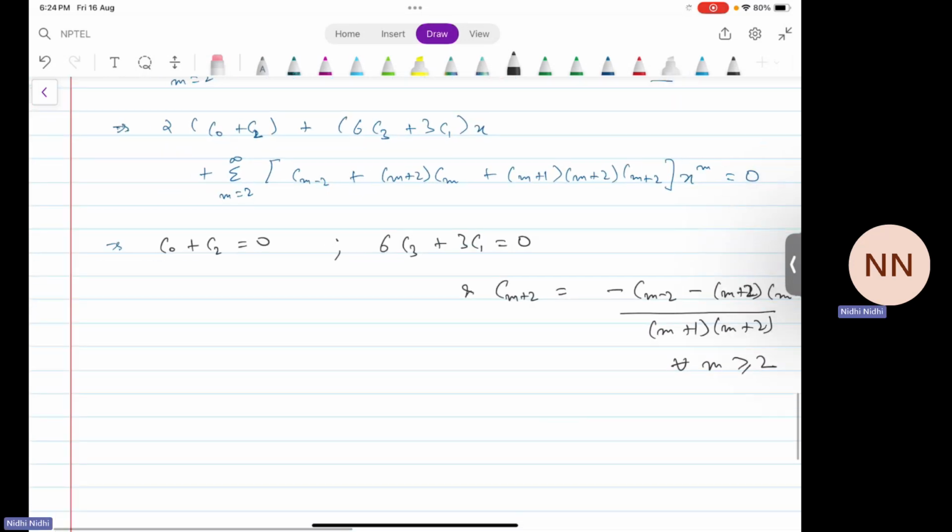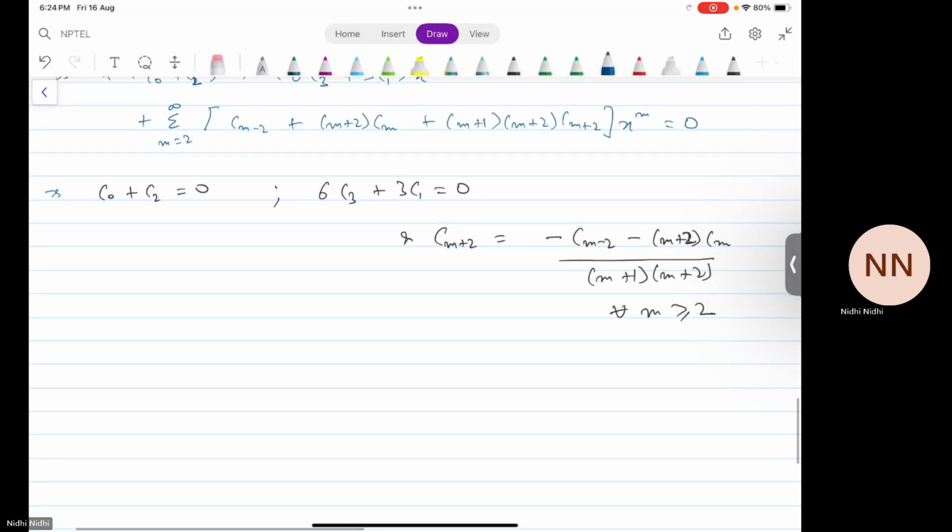This gives us c2 is equal to minus c0, and c3 is equal to minus c1 by 2. We will convert all the things in terms of c0 and c1, so c0 and c1 would be fixed constants for us, and then we'll find the values of c2, c3, c4 in terms of c0 and c1.